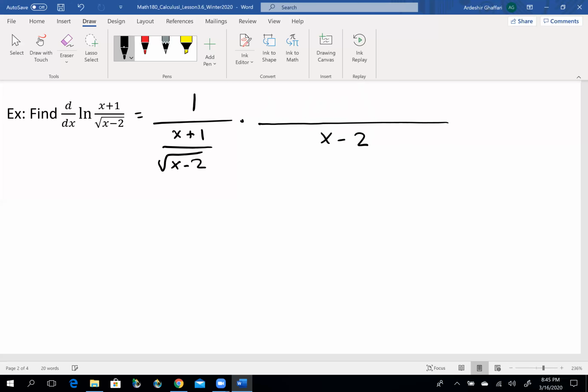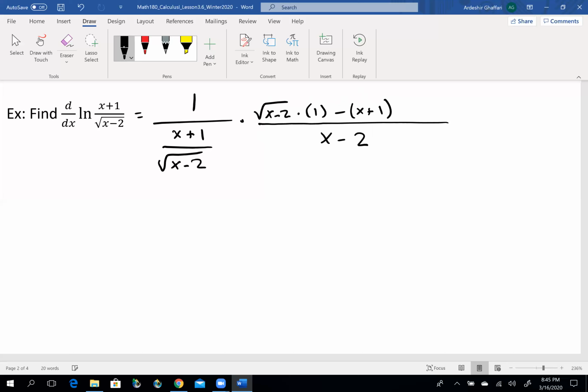Now let's go to the numerator. So second times derivative of the first. So x plus 1 is going to be 0 and x is 1. So it's going to be just 1 minus first times derivative of second.